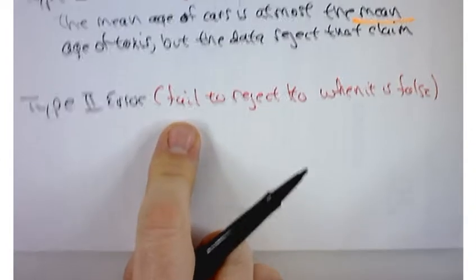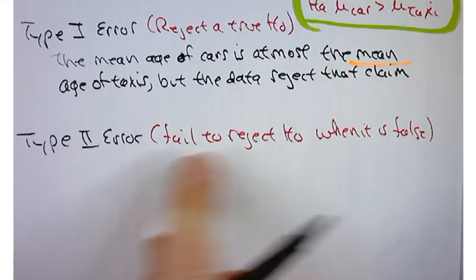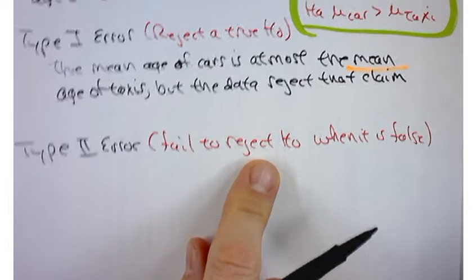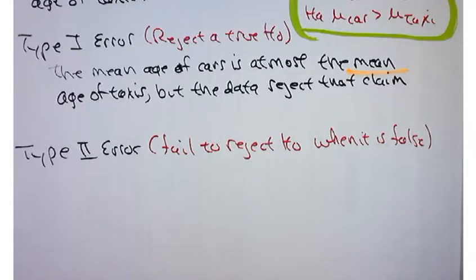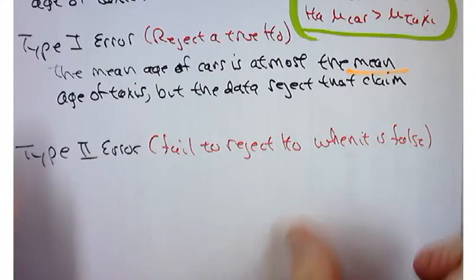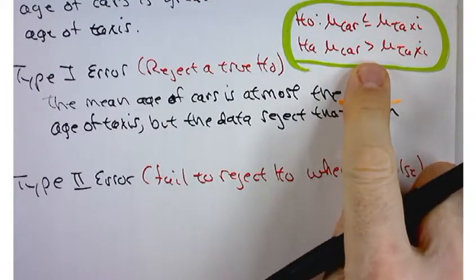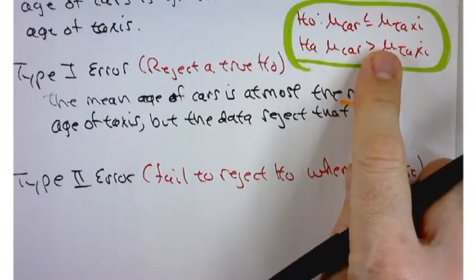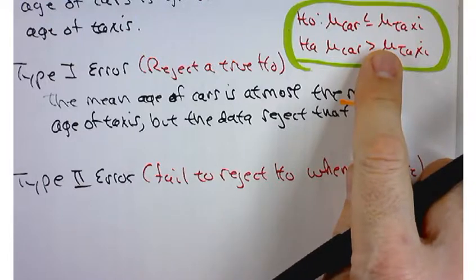Type 2 error. Fail to reject H0 when it's false. So what's true in this case? Yeah, the alternative. So the alternative is true, but what did we decide?